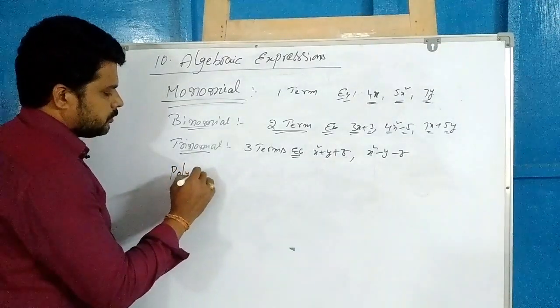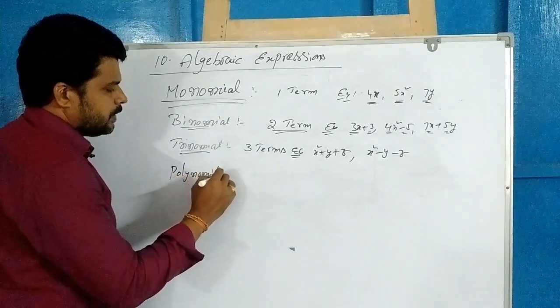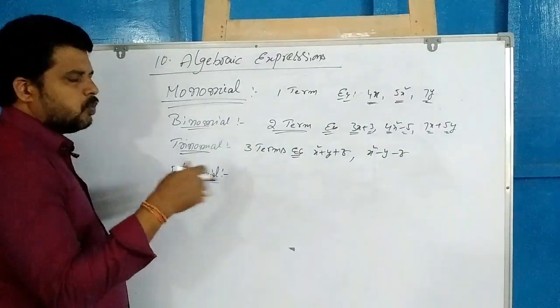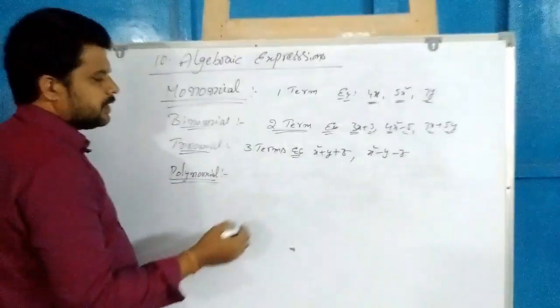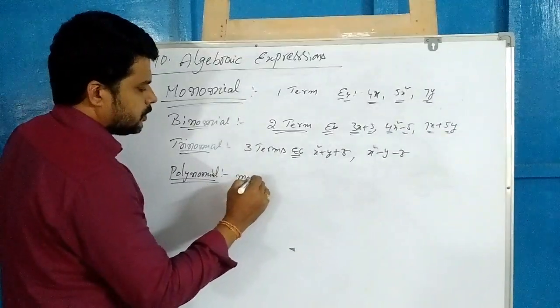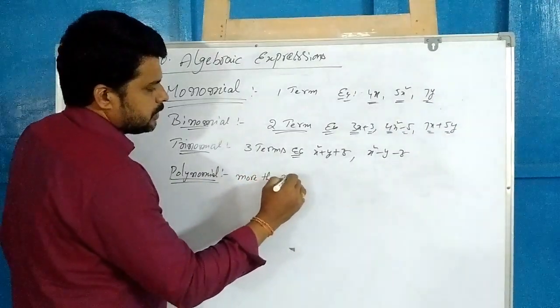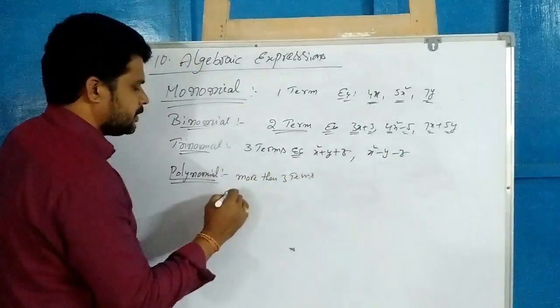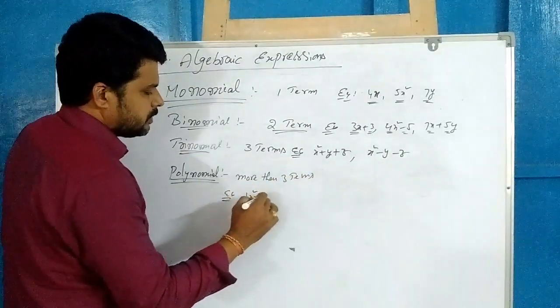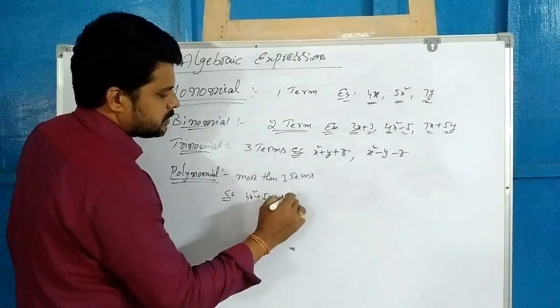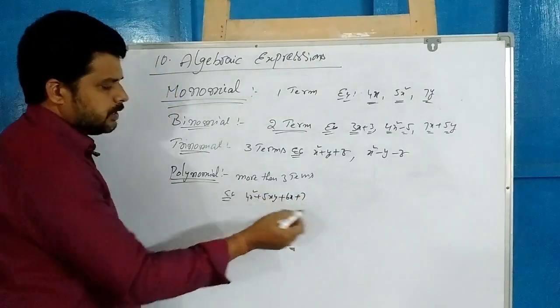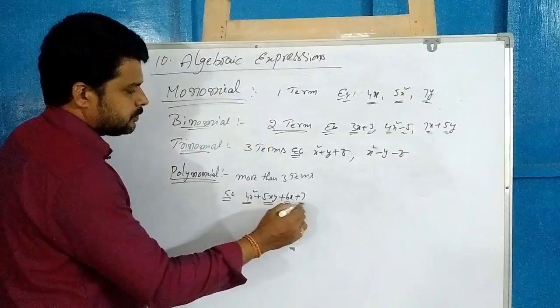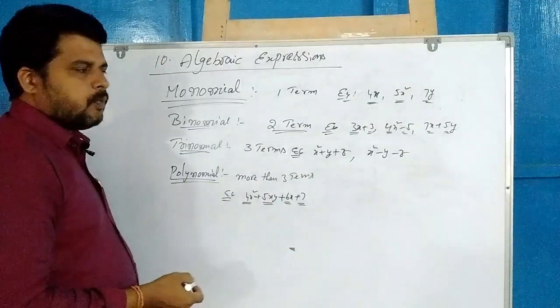Next, polynomial. What is a polynomial? A polynomial has more than three terms. Example, 4x square, 5xy plus 6x plus 7. More than three, that is 4 terms, is called a polynomial.